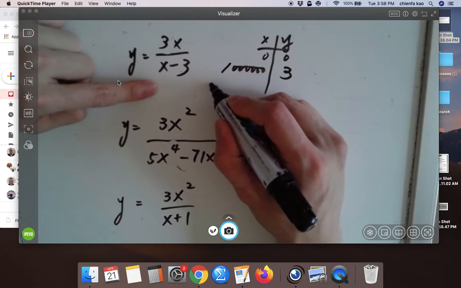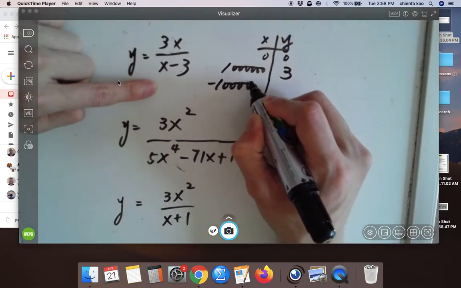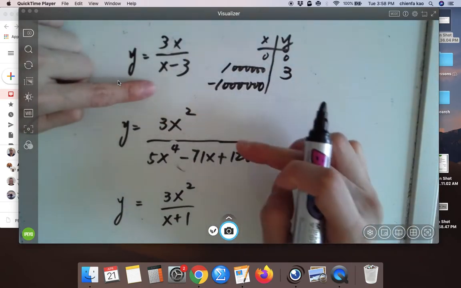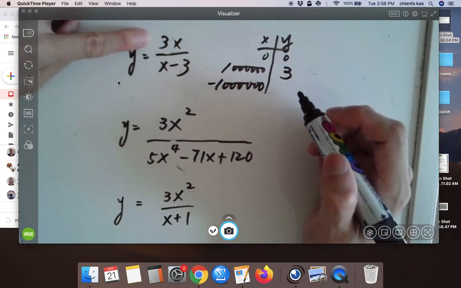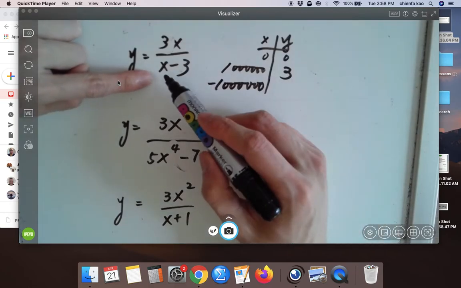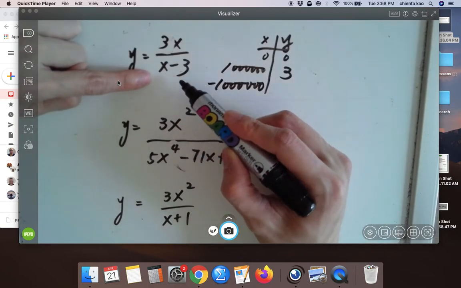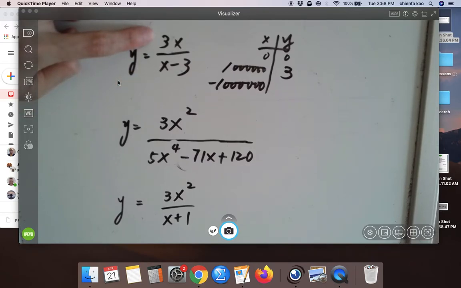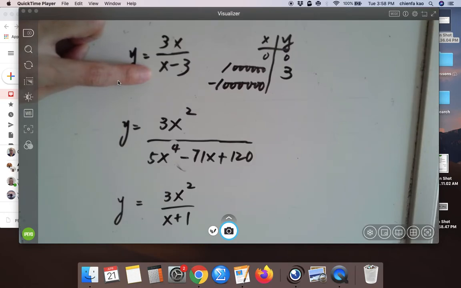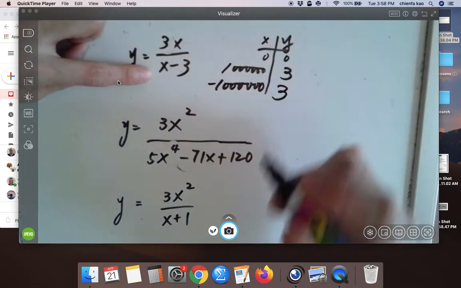Now, if you take a look at negative 1 million, we're going to look towards the left side of the graph. So its top is negative 3 million. Now at the bottom you have negative 1 million minus 3. That is still almost negative 1 million. So negative 3 million divided by almost negative 1 million, that is still 3.